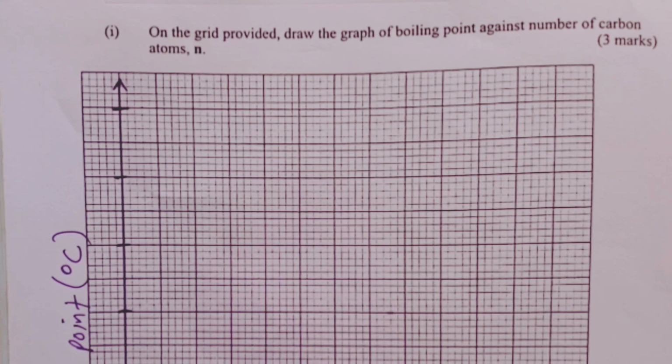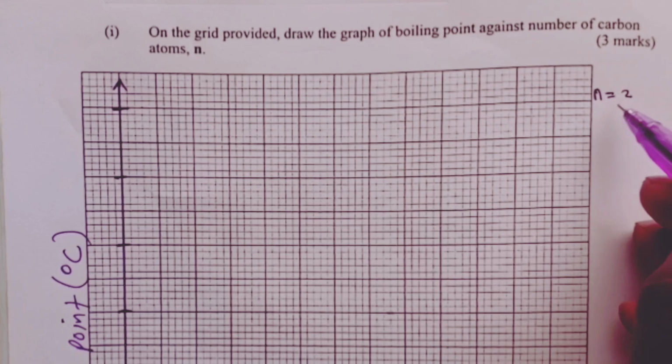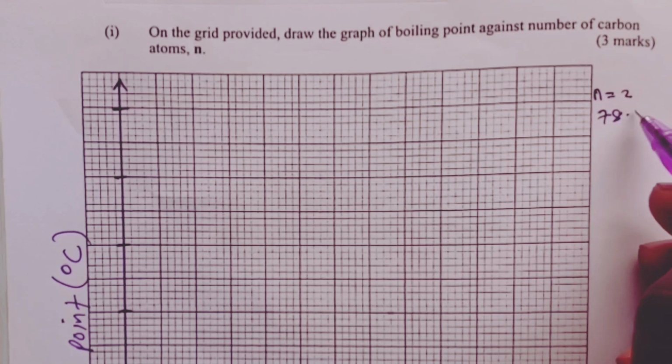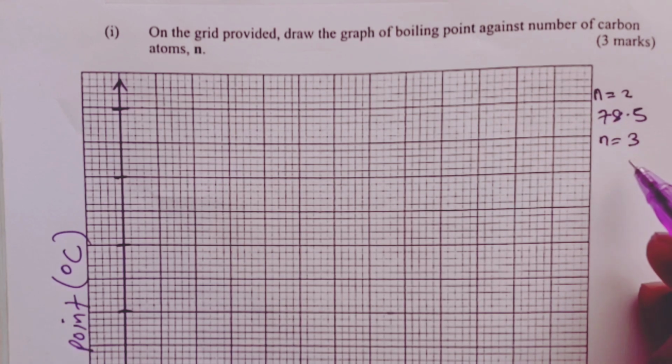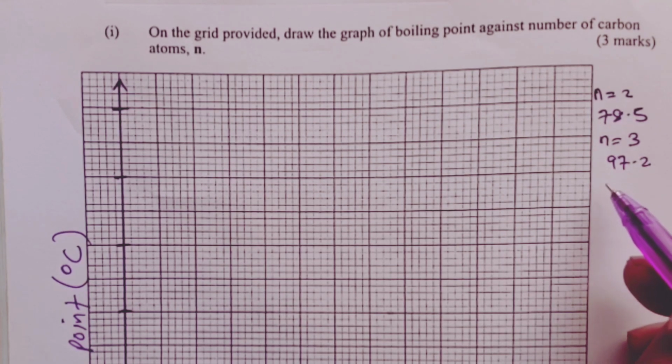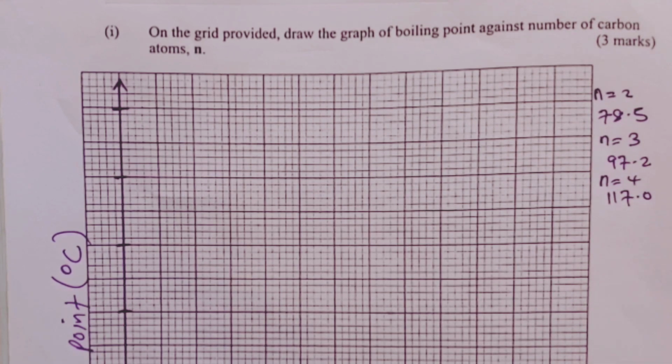Of course, the grid was provided here, but we need to remind ourselves that when n is 2, the boiling point was 78.5. When n was 3, the boiling point was 97.2 from the table, and when n was 4, the boiling point was given as 117.0 degrees Celsius. So let us now go ahead and draw our graph.